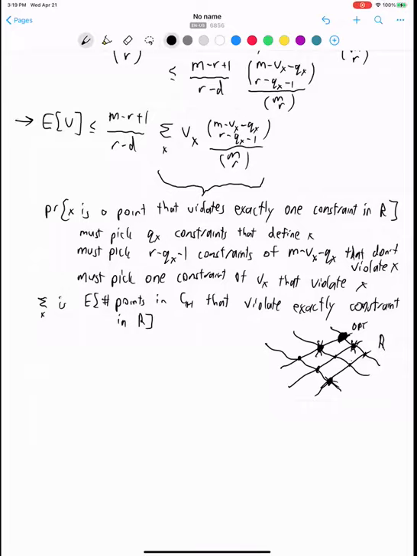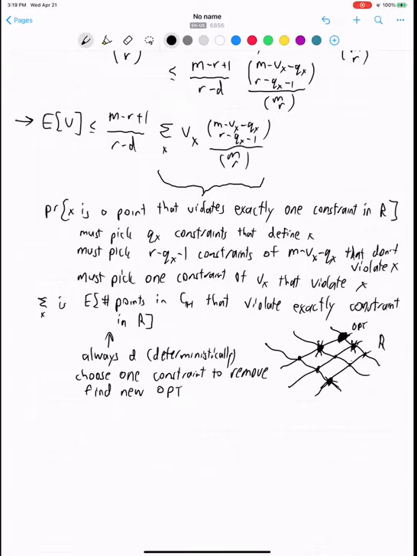D. Exactly. My claim is that this is always D, deterministically. Because all you need to do is remove one constraint that you're going to violate, and then find the new optimum.